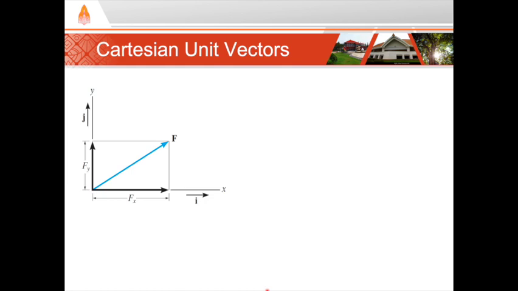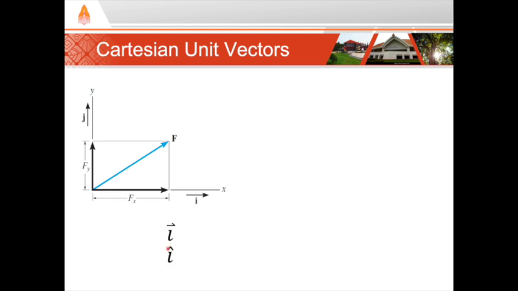Now when we talk about Cartesian units and breaking up a force into its x and y components, we have special notation for that called Cartesian vector notation. We're going to use these Cartesian unit vectors, and a unit vector has a length of 1. In the x direction we use the notation i.